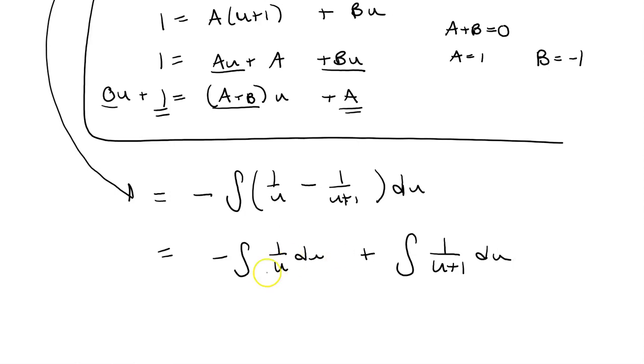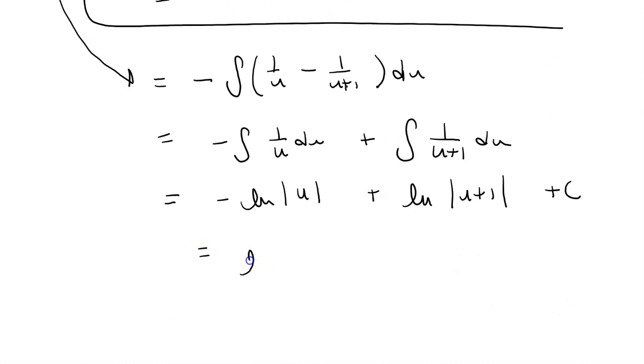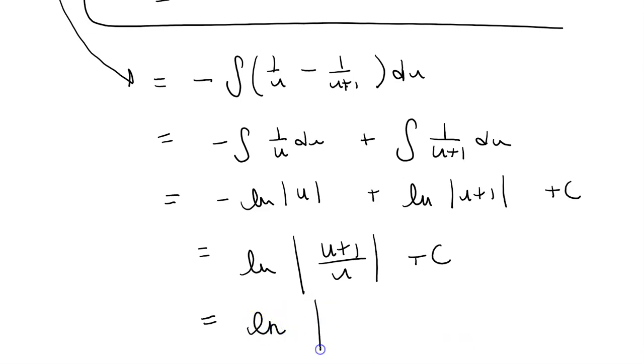And both of these are natural logs, because this would be negative natural log of the absolute value of u plus the natural log of the absolute value of u plus 1, all plus c, or the natural log of the absolute value of u plus 1 over u plus c. And then, of course, don't forget to plug back in your u. This would be the natural log of cosine of x plus 1 all over cosine of x, all plus c.